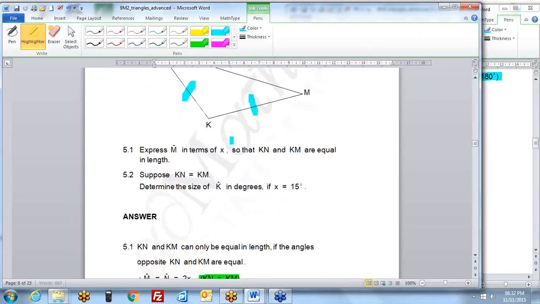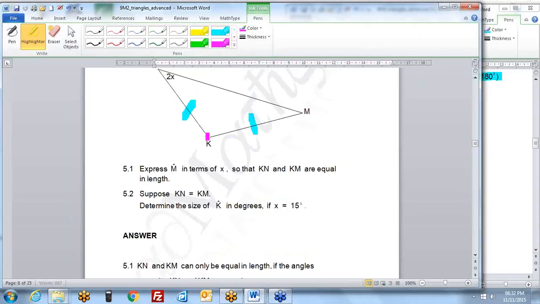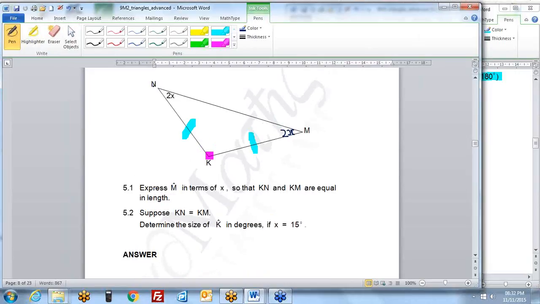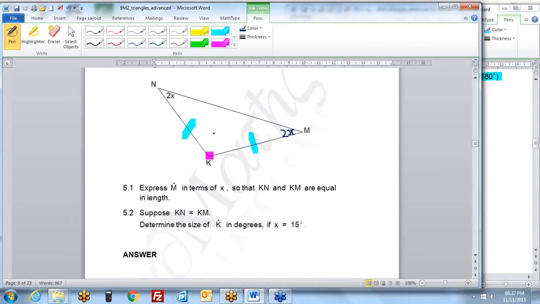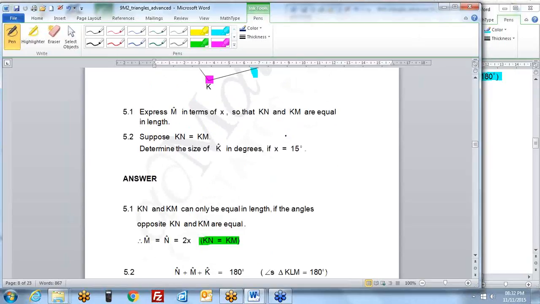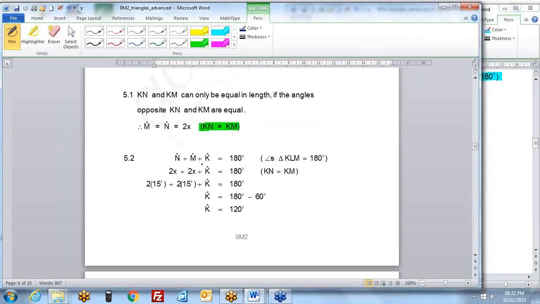Determine the size of angle K. Right, so we know that this angle over here will also be 2x because it's opposite side length KN, and that angle is opposite side length KM, and KM is equal to KN, therefore these two angles are the same size. But now we just need to determine this one, so we will say angle K plus 2x plus 2x equals 180 degrees. That's what you see over here.